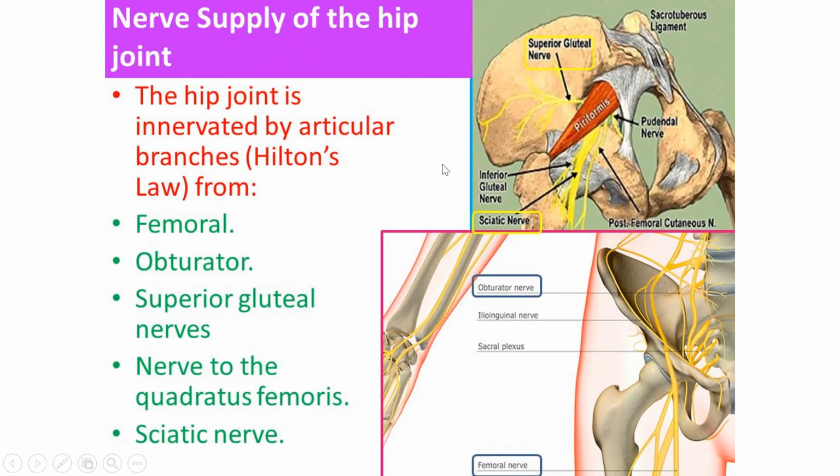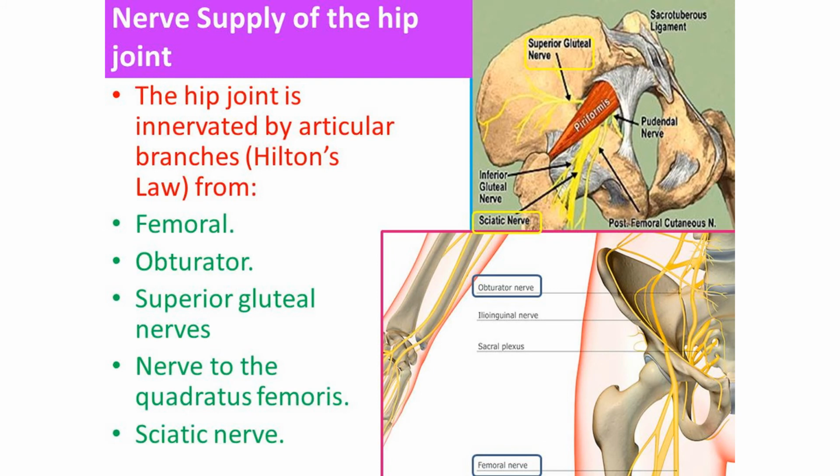Now the nerve supply of the hip joint. Nerve supply of any joint is based on Hilton's law, and Hilton's law states that there are many muscles which pass any joint, in front of the joint, behind the joint, on its lateral aspect, on its medial aspect.